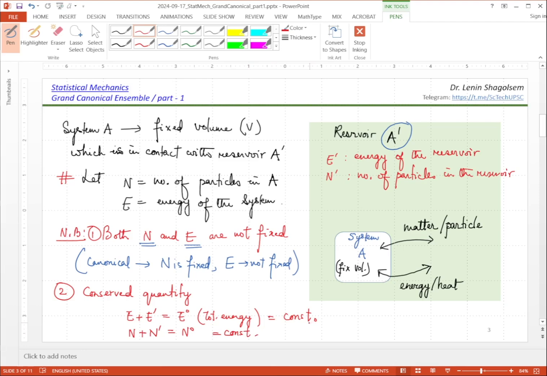So the total energy and the total number of particles are fixed, but for the individual system A, both energy and the number of particles are not fixed. Let's call this set of equations equation number 1.